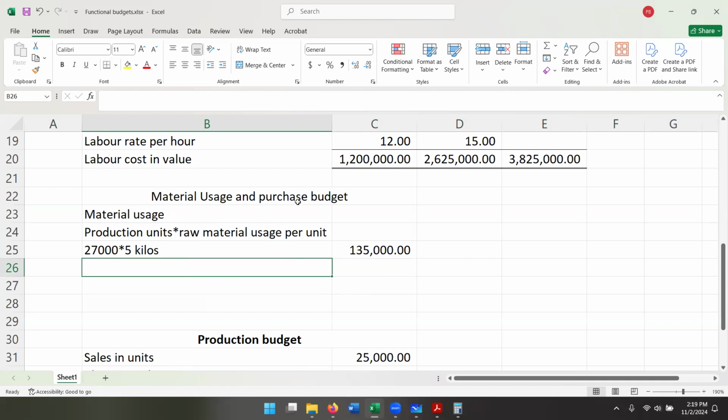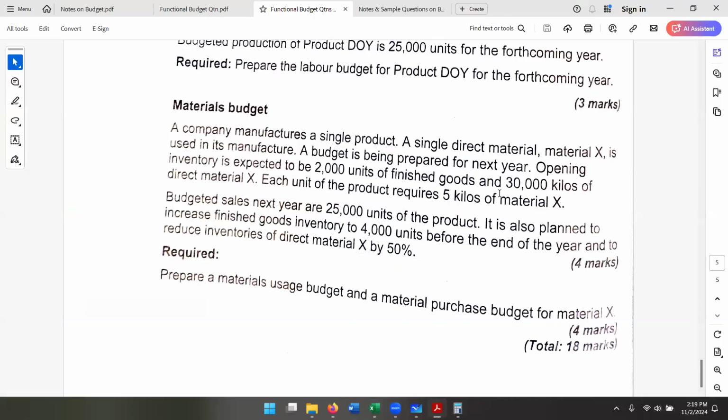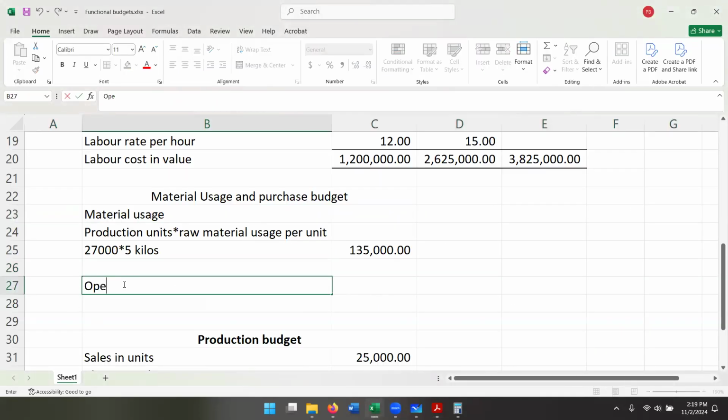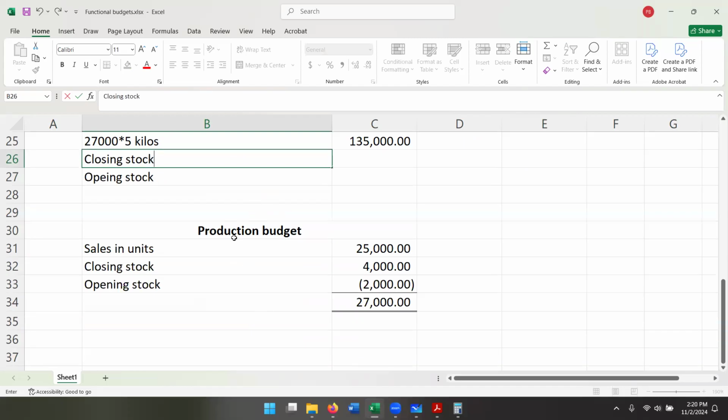Now, if you want to get the purchase budget, we add closing stock and less opening stock of raw materials. We've been given the opening stock: opening inventory is expected to be 2,000 for finished goods and 30,000 for direct material X. Remember, when we are preparing the production budget, the opening and closing stock are finished goods.